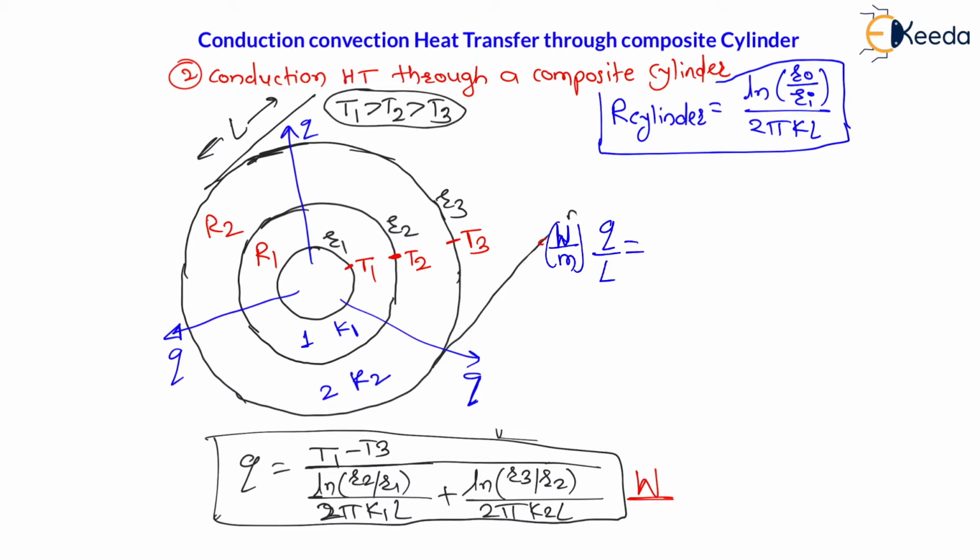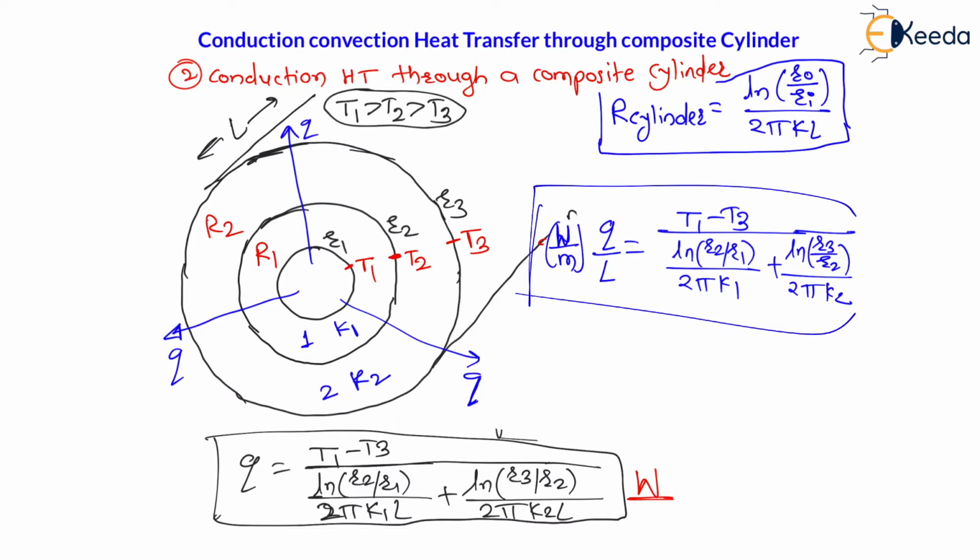This is called heat transfer per unit length, which is equal to T1 minus T3 whole divided by ln of R2 divided by R1 divided by 2 pi K1 plus ln of R3 divided by R2 divided by 2 pi K2, right. Because of dividing by L, this L goes to Q, that is, it is called heat transfer per unit length, and the unit for this equation will be watt per meter.